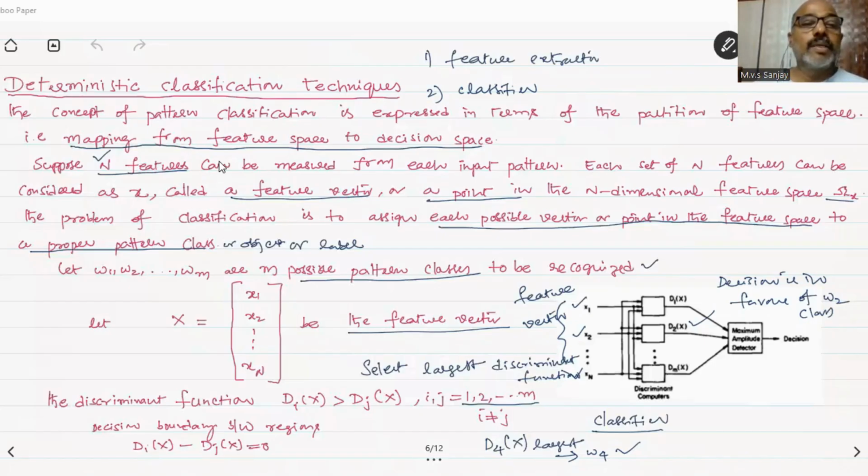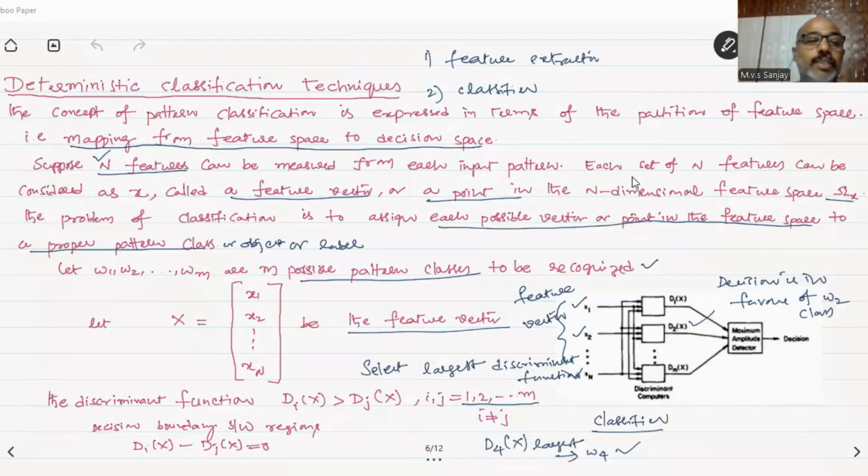The concept of pattern classification is expressed in terms of the partition of feature space, that is, mapping from feature space to decision space. Suppose we have n features measured from each input pattern.